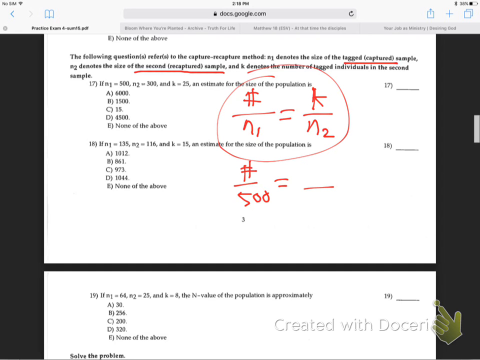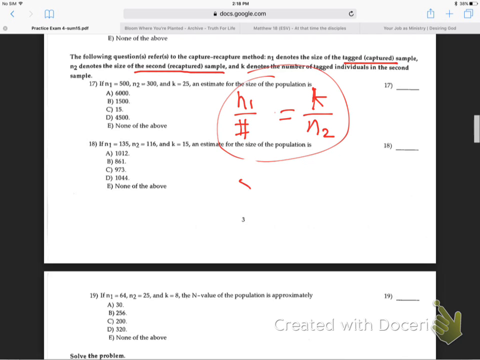I'm sorry, I don't like their N1, N2 thing. I've got it upside down, don't I? I think N1's supposed to be here. Yeah, sorry, guys. I don't like the way they're doing this question.